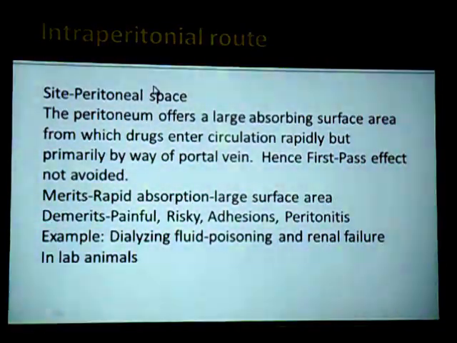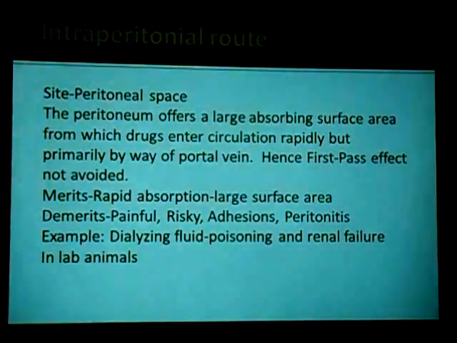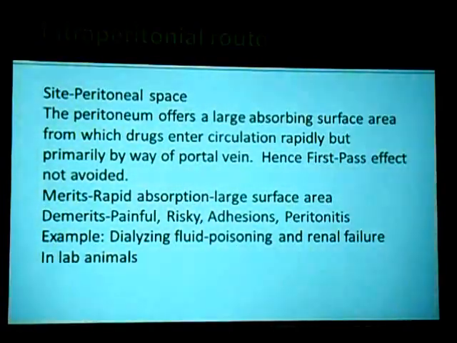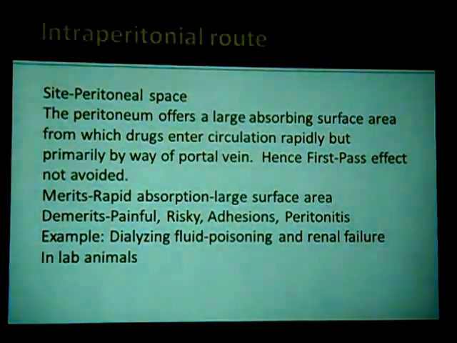The peritoneal space is used. Have you seen alcoholic liver disease patients with ascites? Have you heard of the term ascites? What is it? Accumulation of fluid in the peritoneal space.